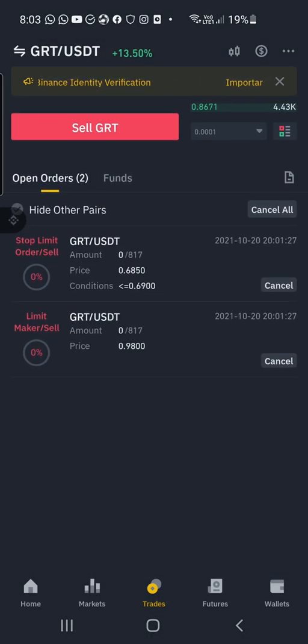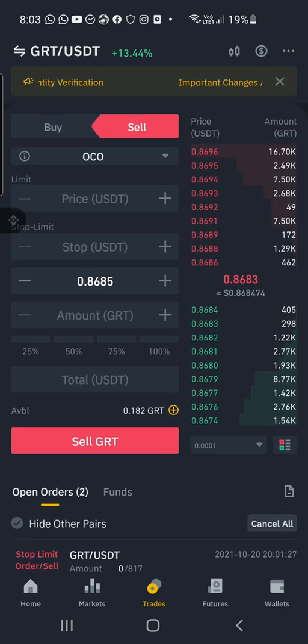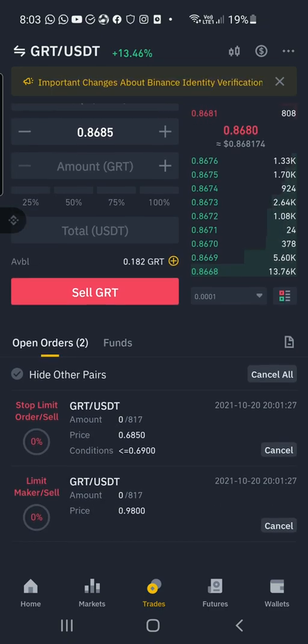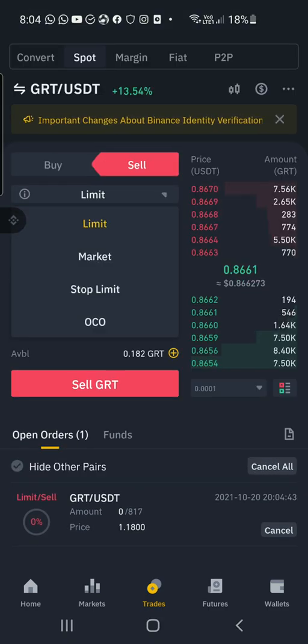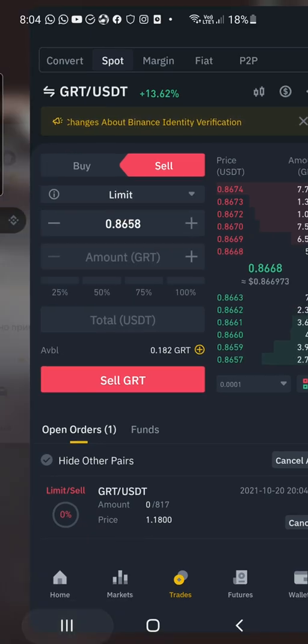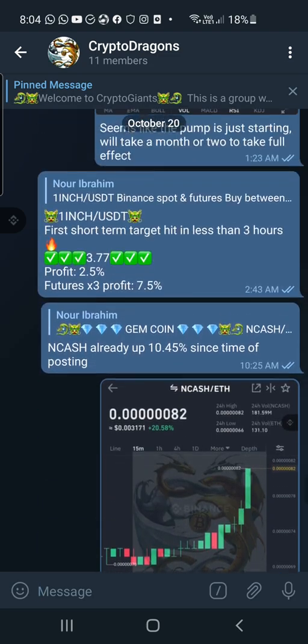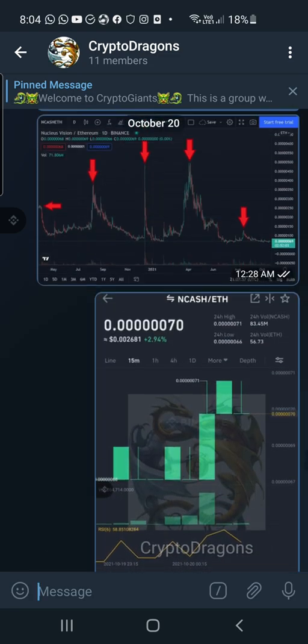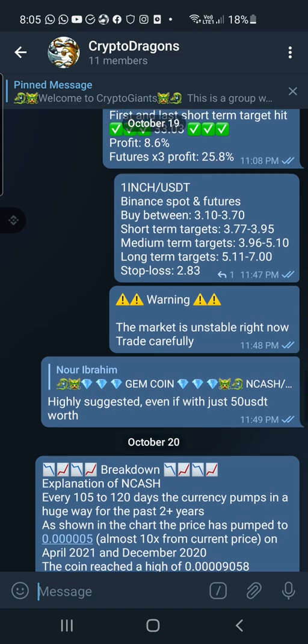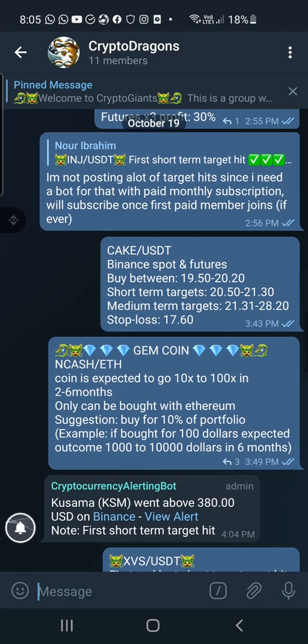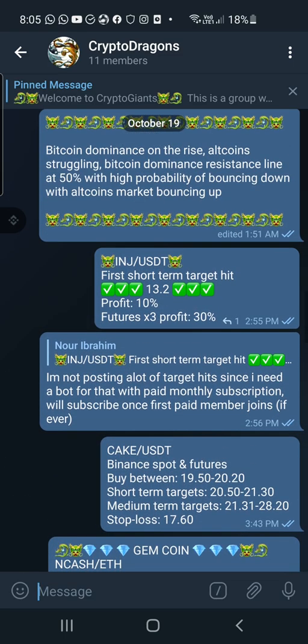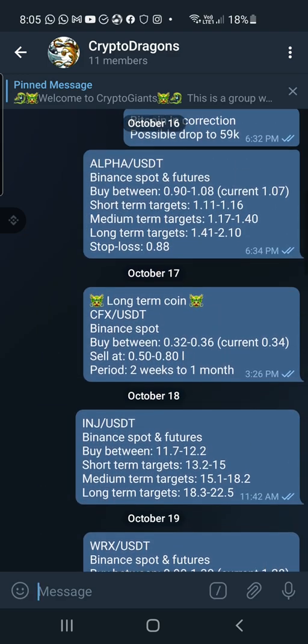That is it for how to sell with OCO and putting a stop limit on your coins. And now for a bonus is how do we sell coins that do not have a stop loss. So coins that do not have a stop loss, let me try to find one here, are coins that are for long term only.